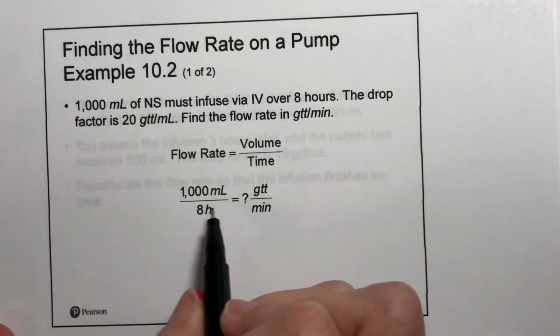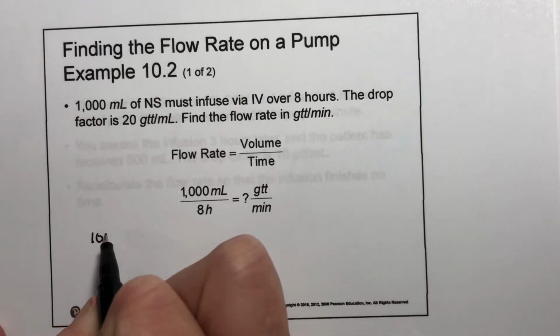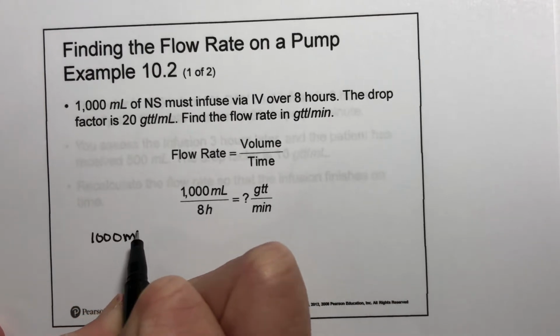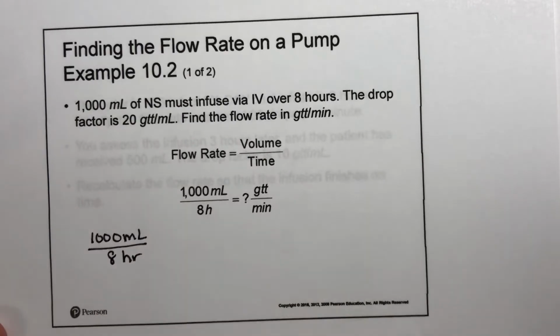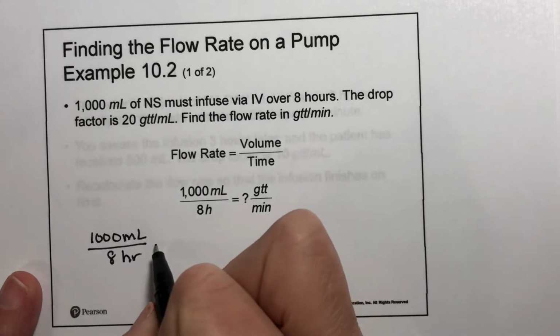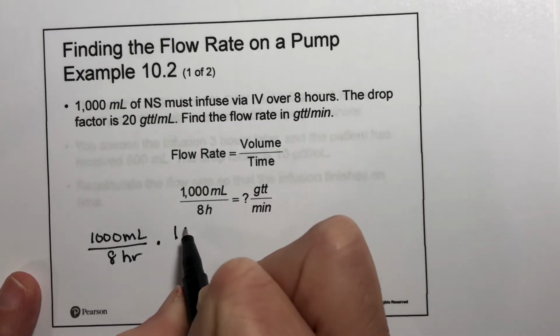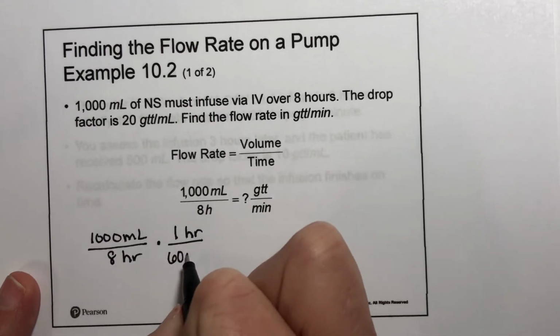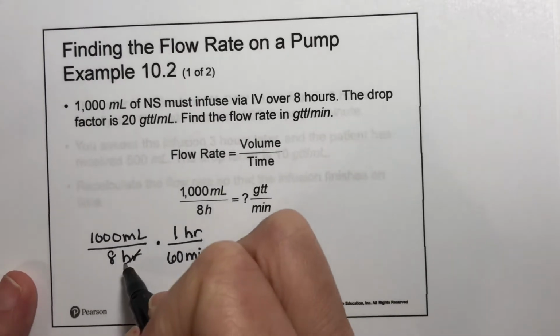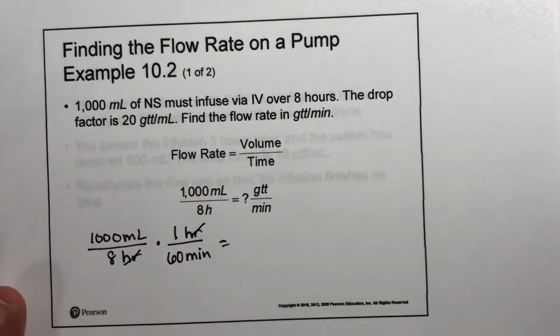Okay, so let's start off by saying we have 1,000 milliliters over 8 hours. I know I need to be in minutes, so let's go ahead and take care of that. I want to get rid of an hour, so I make sure it's on the diagonal, and that's now 60 minutes. Hours cancel out. Just do this math.